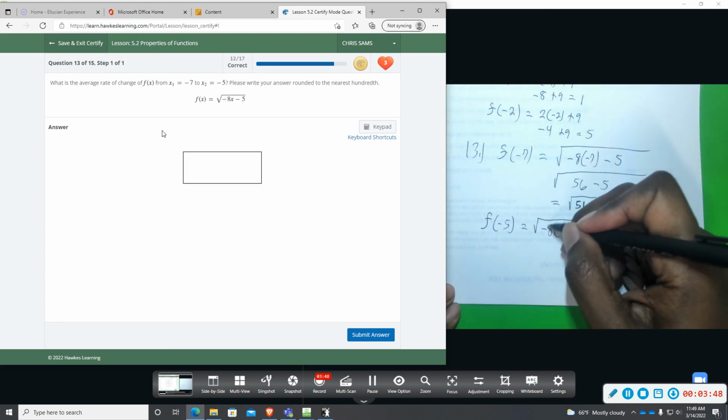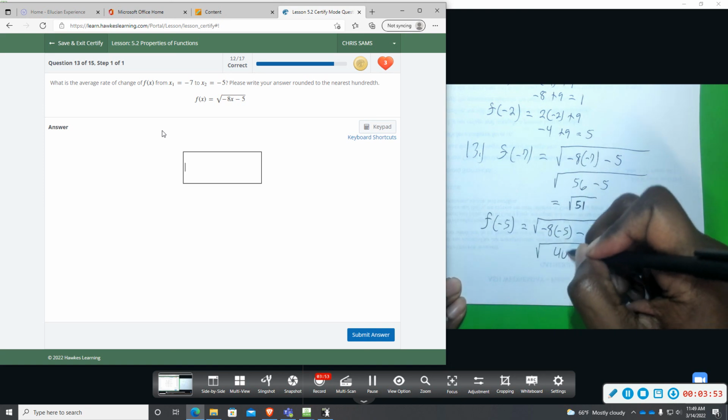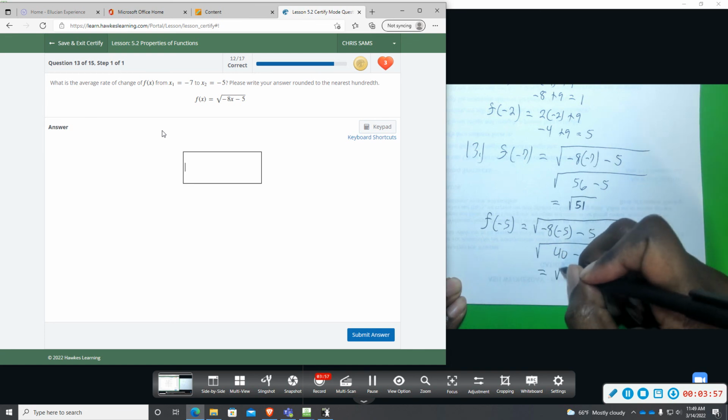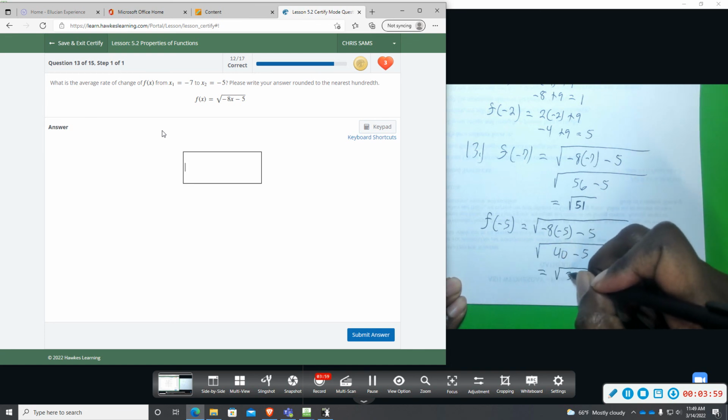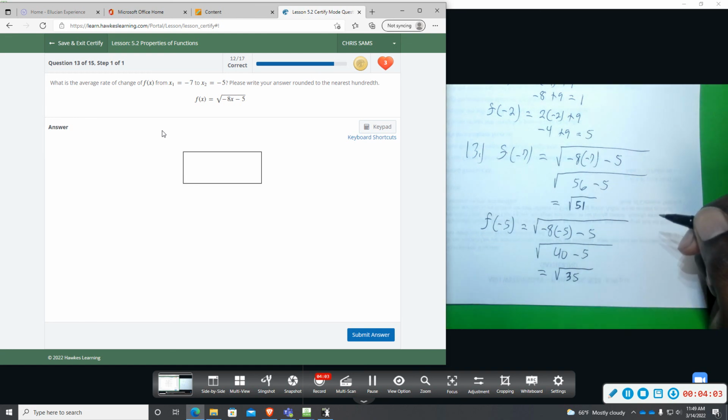And this will give us a +40 minus 5. So we have the square root of 40 minus 5, which gives us the square root of 35. And from there, they want us to round to the nearest hundredth.